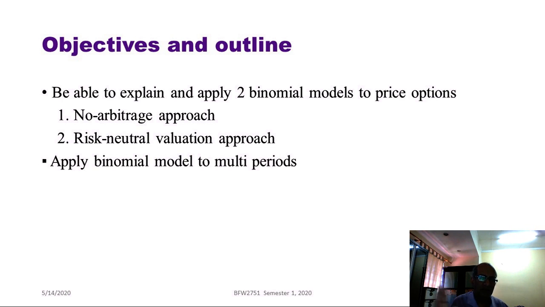There are two 3-month periods in 6 months, so we break it up into period 1, the first 3 months, and period 2, the second 3 months, and that can continue. But the basic thing is, if you know how to apply the approach for one period, then the same thing can be replicated to many periods. It's not a difficult thing. Let us see one by one.